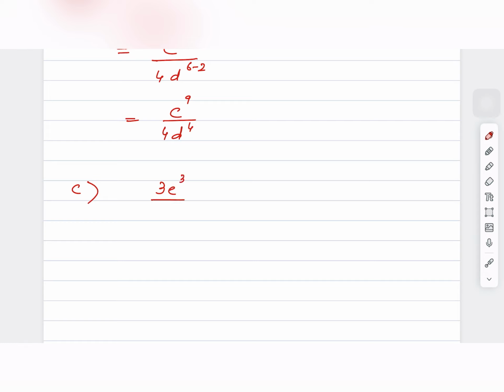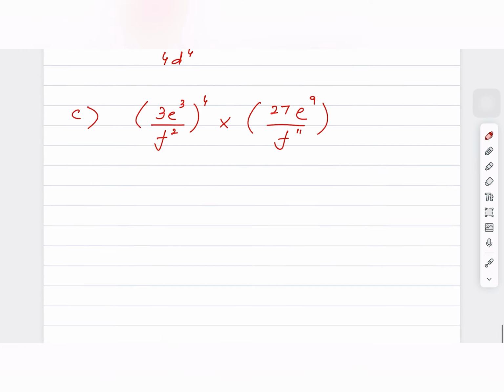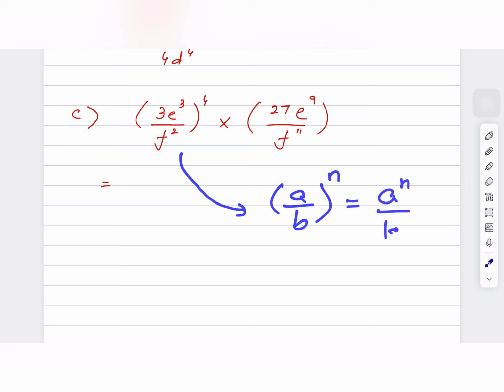C part is, if you have 3 power 3 into e power 3 f squared power 4, there is multiplication sign, 27 e power 9 over f power 11. So again you will open the parenthesis, you will apply this rule.